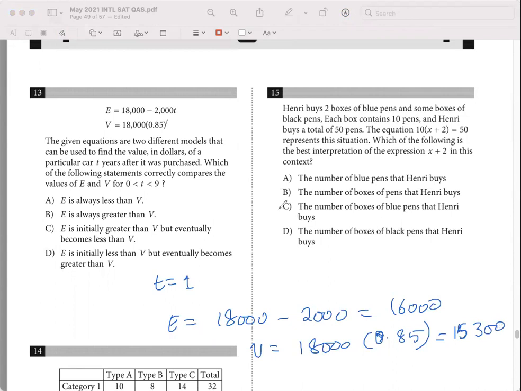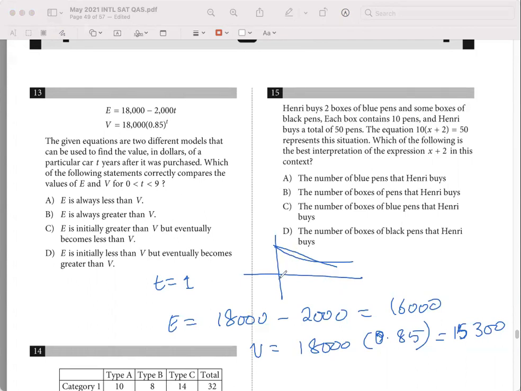So what will my graph look like? I'll draw it here. You can see that one would be a linear curve and the other would be an exponential curve, right? Something like this. So initially, the value of the linear curve is greater than the exponential curve.